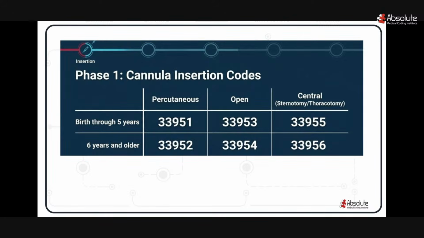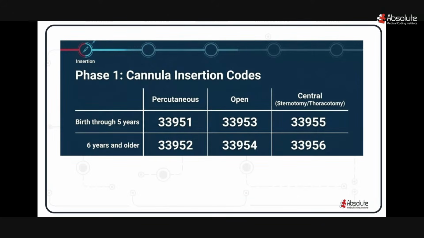So before we can circulate the blood through the ECMO circuit, we need to place a cannula, right? The cannula should be placed into the vein, and that happens in the first phase, known as the cannula phase or insertion phase. So this is a foundation step where life support truly starts. And when you look into the CPT codes in the cannula phase or insertion phase, you should ask 2 questions.